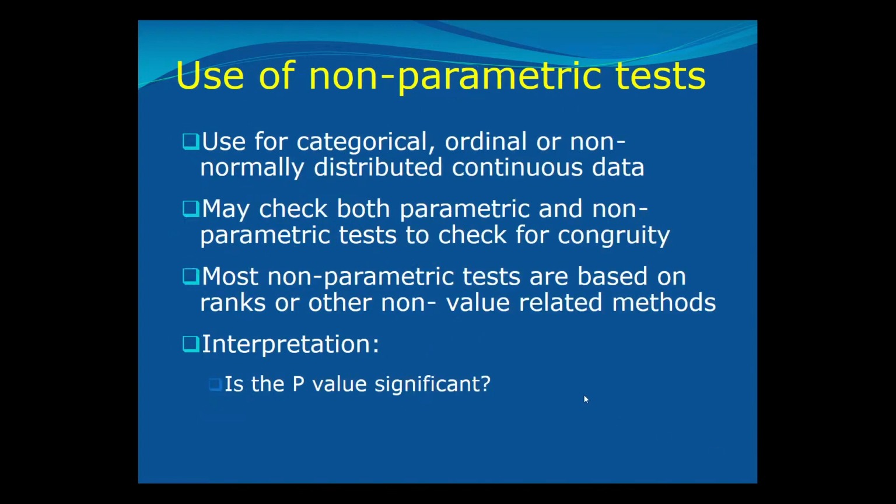After you get intermediate results, the main thing is to make correct conclusions. Non-parametric tests are used for categorical, ordinal, or non-normally distributed continuous data. You may check both parametric and non-parametric tests to check for congruity. Most non-parametric tests are based on ranks or other non-value related methods.